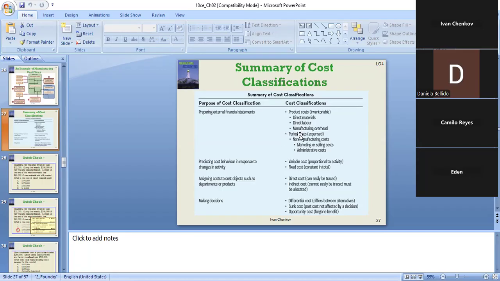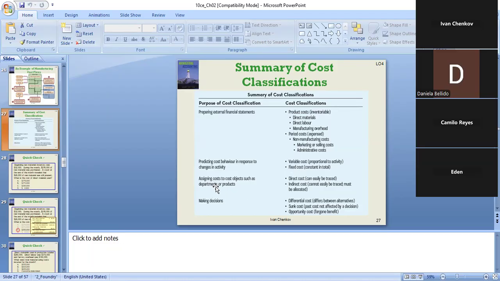And we have the period cost, which is directly expense. So our product cost is the one that stays on the balance sheet until we sold, which is again direct material, direct labor, manufacturing overhead. Now, based on how the costs behave, we're going to talk in just a few minutes, we're going to have the variable and fixed cost.